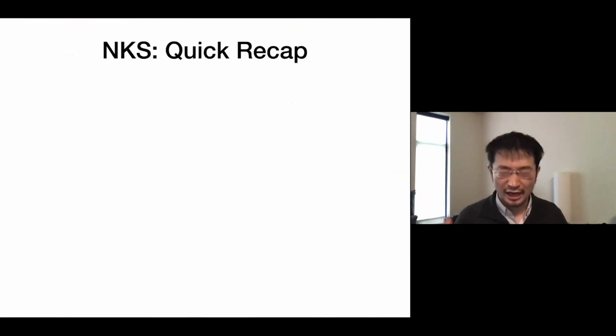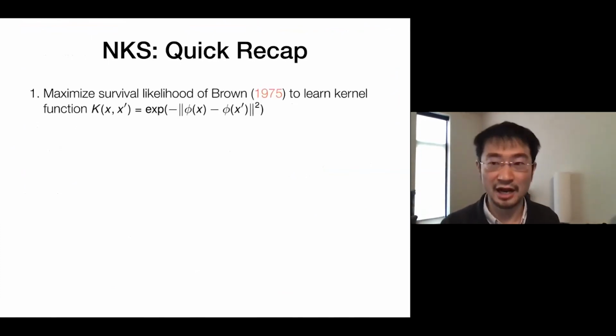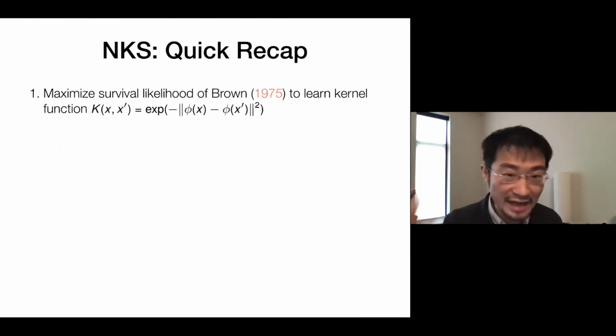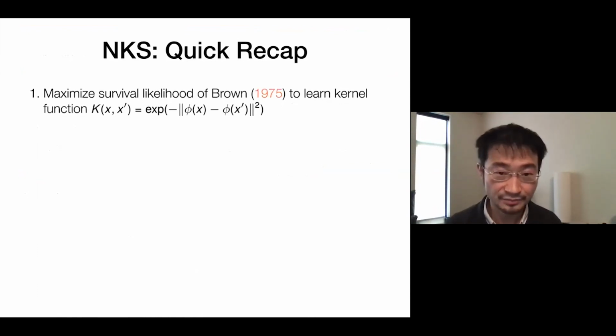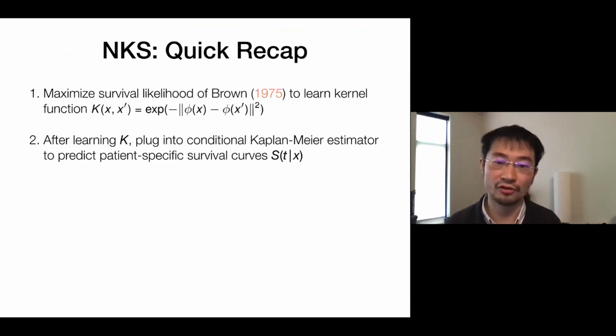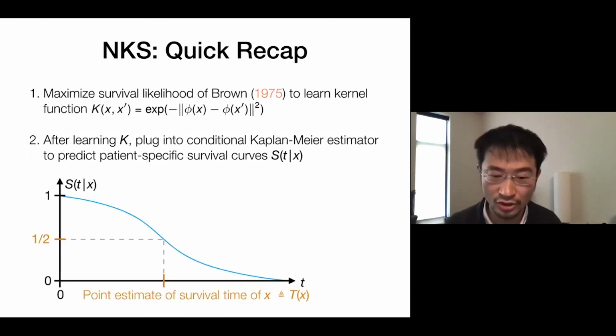All right, so just a quick recap for neural kernel survival analysis. Basically, the main thing is we're maximizing a survival likelihood where we learn a kernel function, K, that looks like this. After we learn the kernel function, we can plug it into the conditional Kaplan-Meier estimator to predict these patient-specific survival curves, okay?